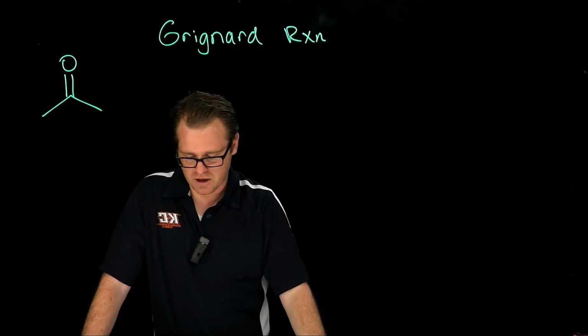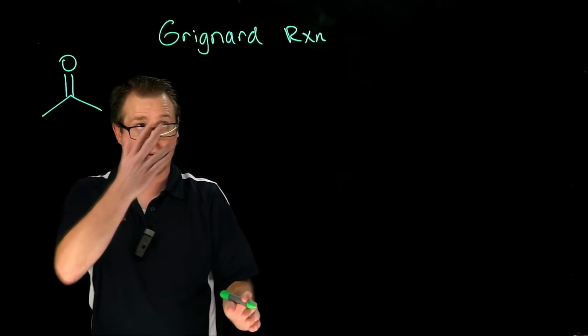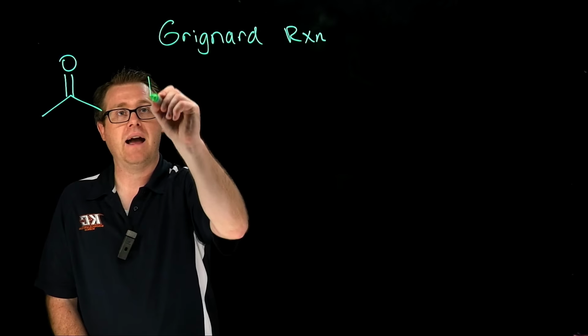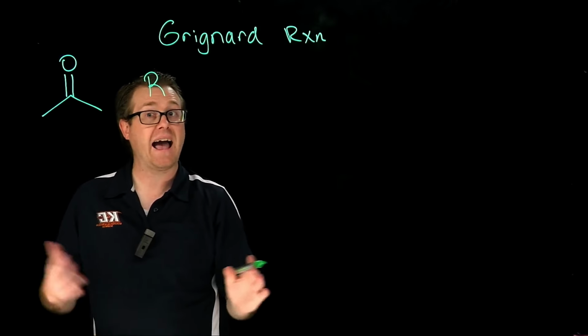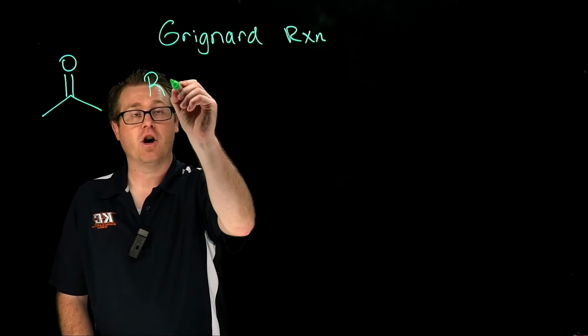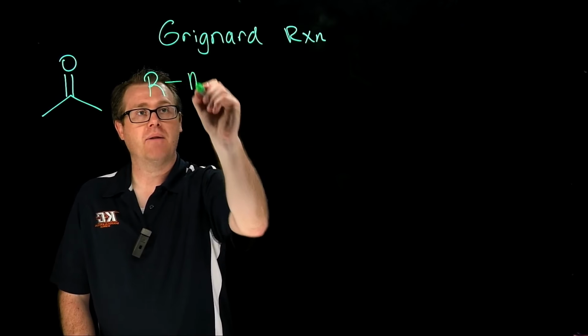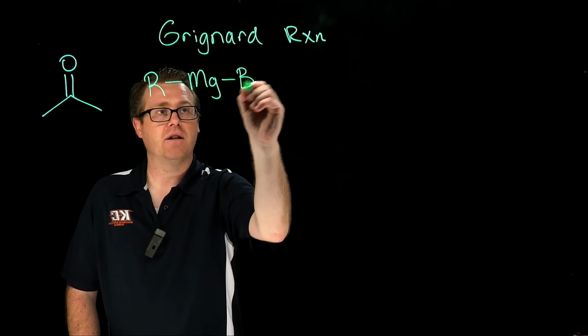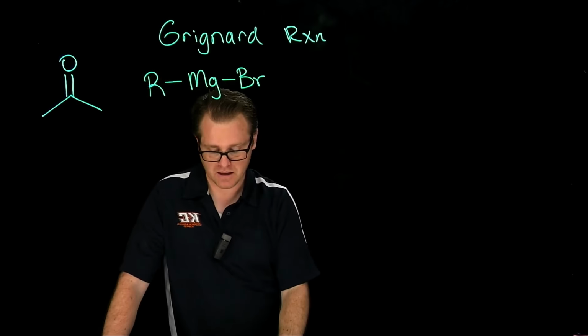We treat that ketone with the Grignard reagent, which is simply something that looks like this. We have an R group, which is just alkyl, anything carbon. And then we have a magnesium and a halogen, which is bromine.